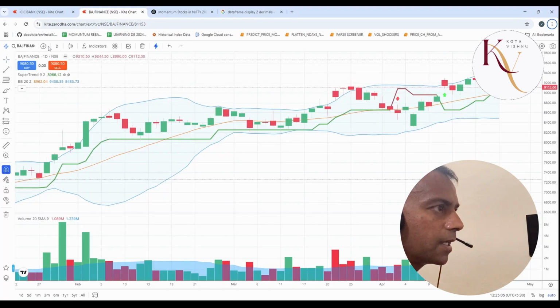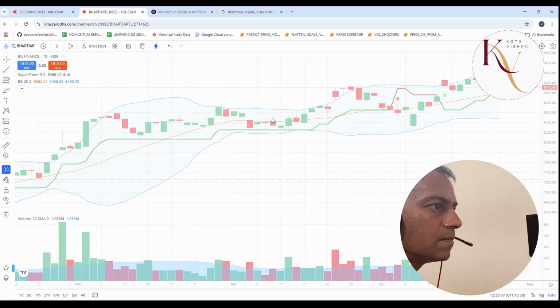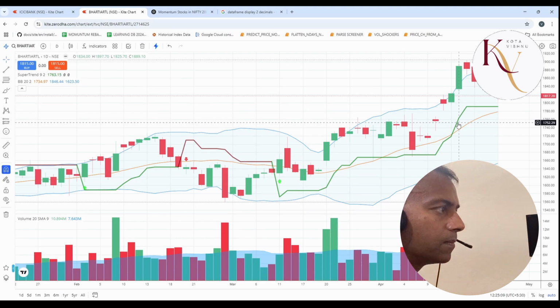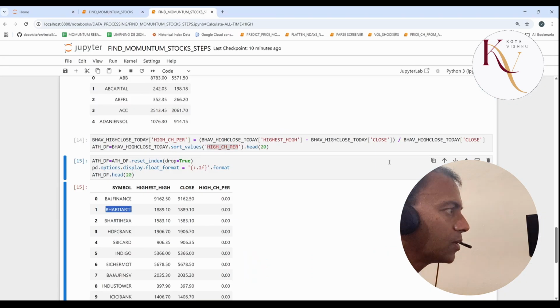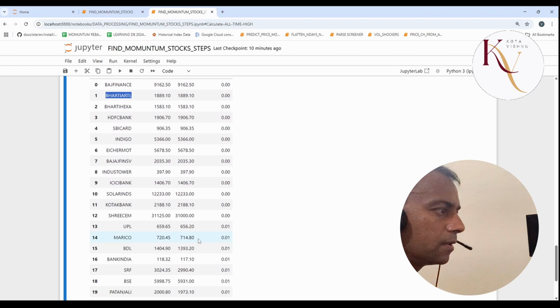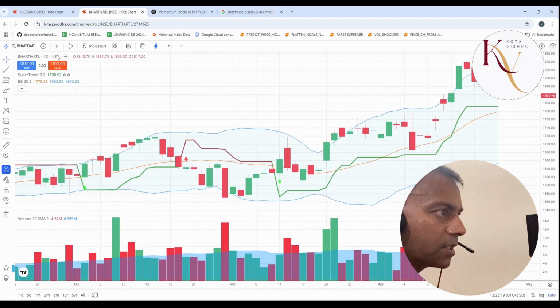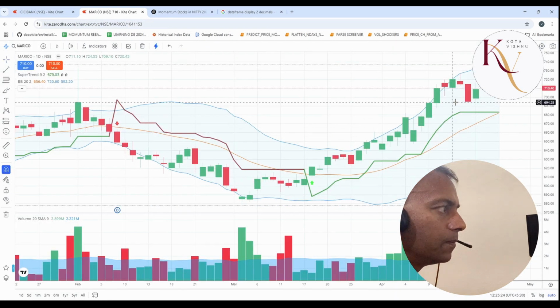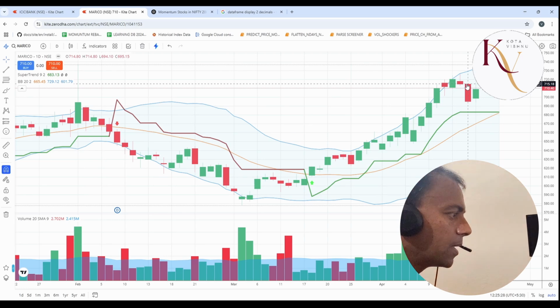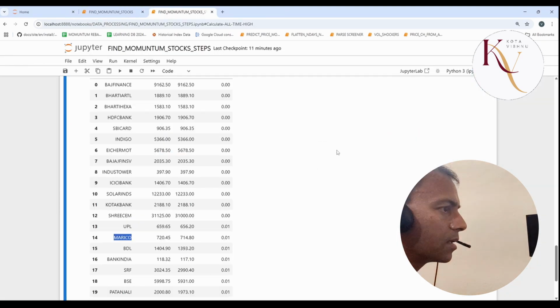Let's take the next one. For the 17th April, this is the highest high, so we got the correct one. Let's verify some of the others which have a 1% difference. Let's take Marico. For 17th April, this is the close, and the highest close is here, so it is very near.